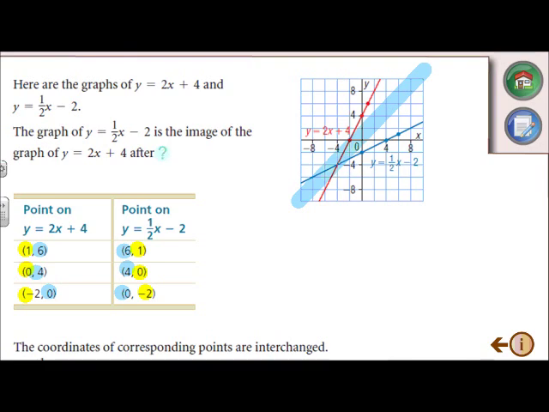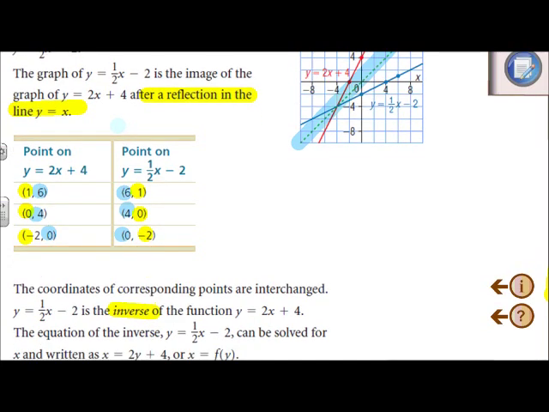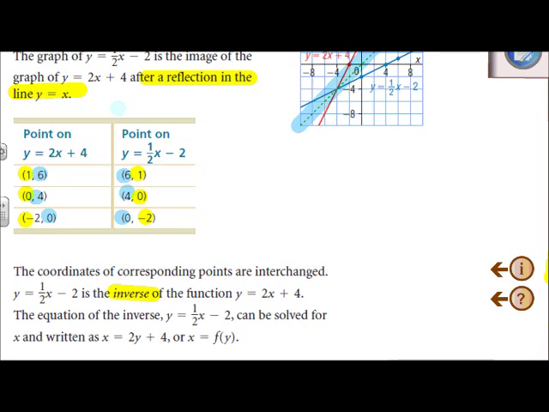So we've got a reflection there in that line, y equals x. And whenever we do a reflection in the line y equals x, we call that an inverse. And we can solve that by switching our x and the y values and then resolving for your y.